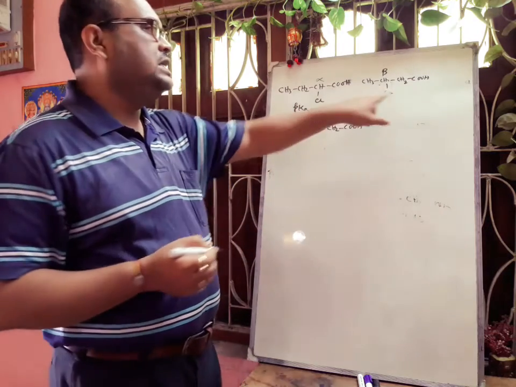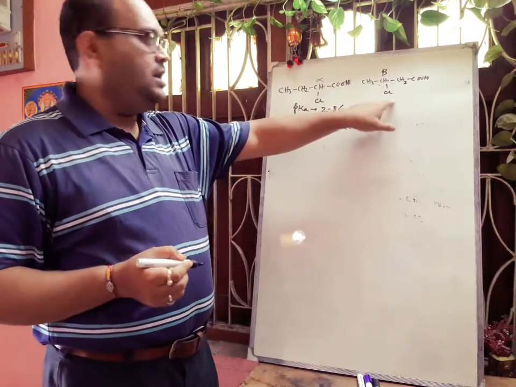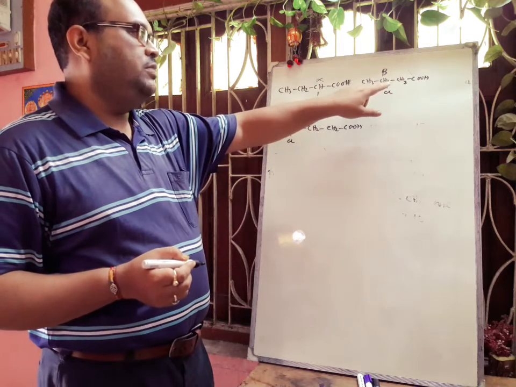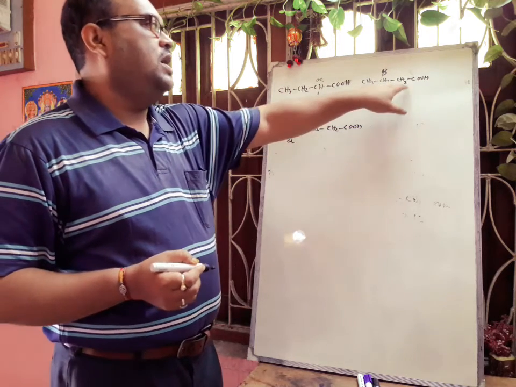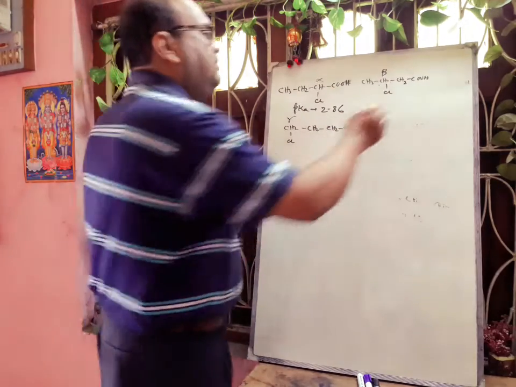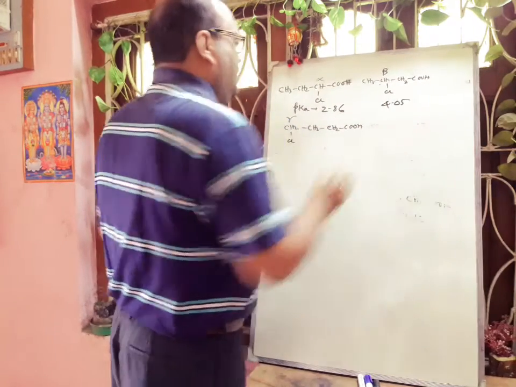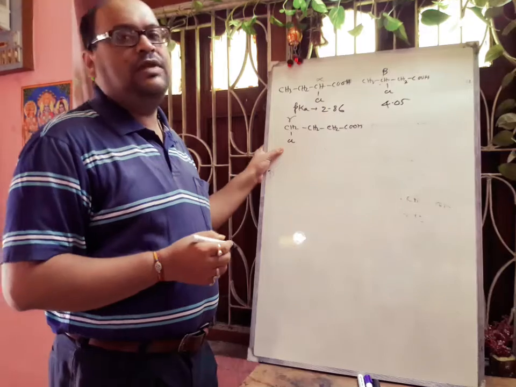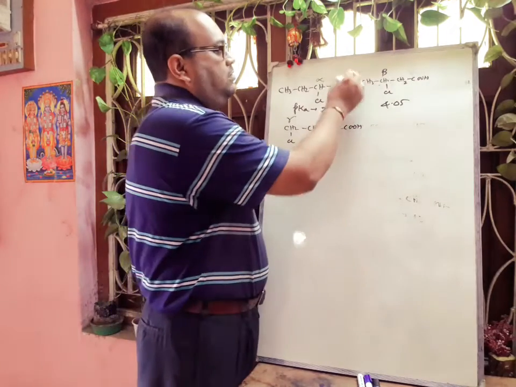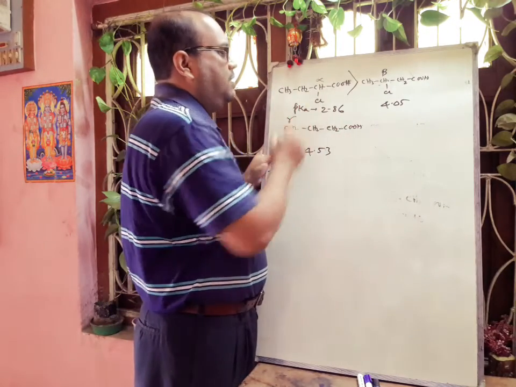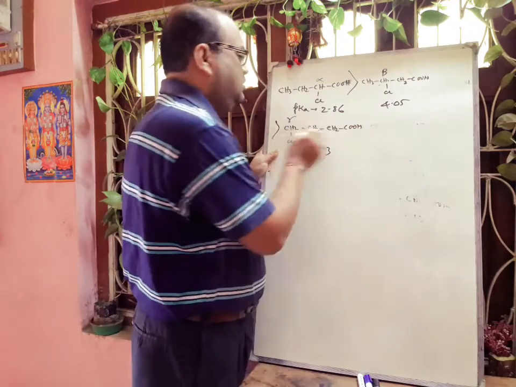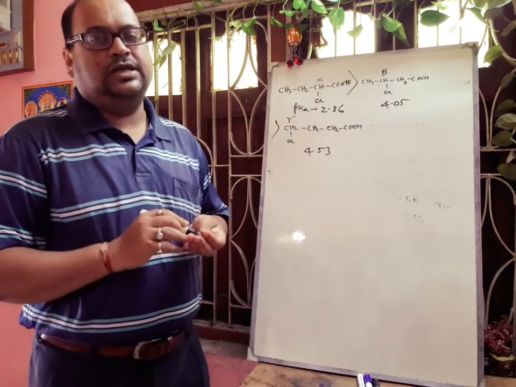But if we consider this beta chloro acid, that means this one is butyric acid or butanoic acid, that is 3-chlorobutanoic acid, here the pKa value will be 4.05. But in case of 4-chlorobutanoic acid, the pKa value will be 4.5. So the acidity order will be highest in case of alpha chlorobutanoic acid, then beta chloro, then this one will be the least acidic. Hope you can understand.